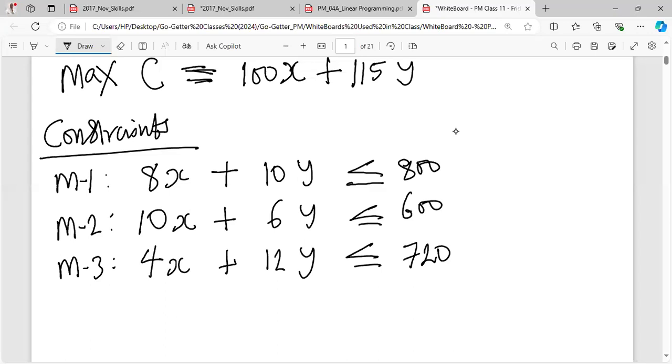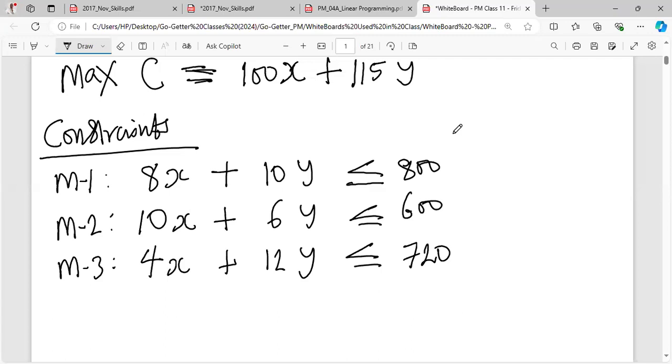To ensure that we don't have any negative values, because you cannot be telling management produce minus 30 donuts or minus 50 meat pie, we must tell them to produce a particular positive number of x or a particular positive number of y. We can have a combination of x and y. It is possible that we may not produce x at all.